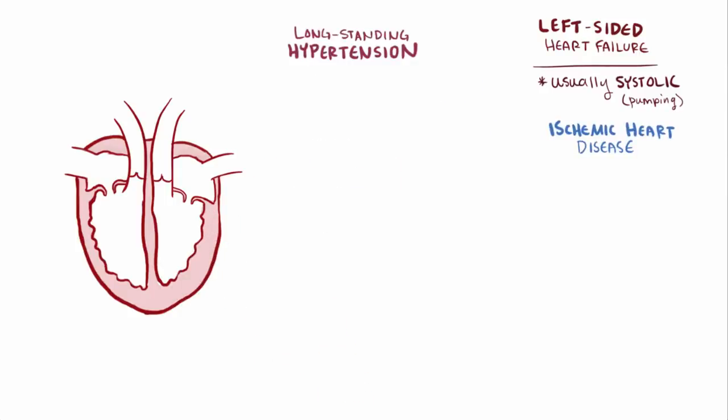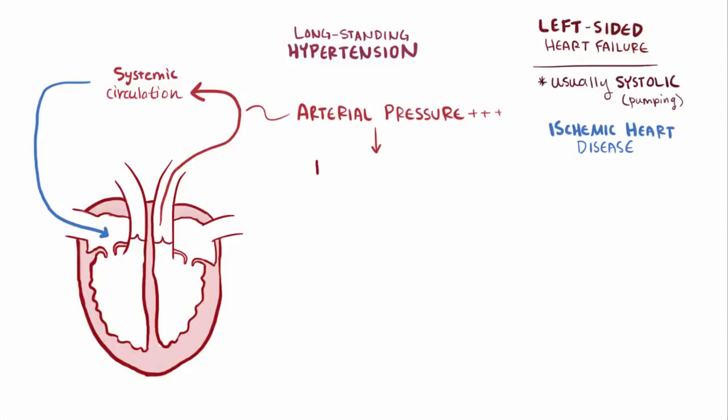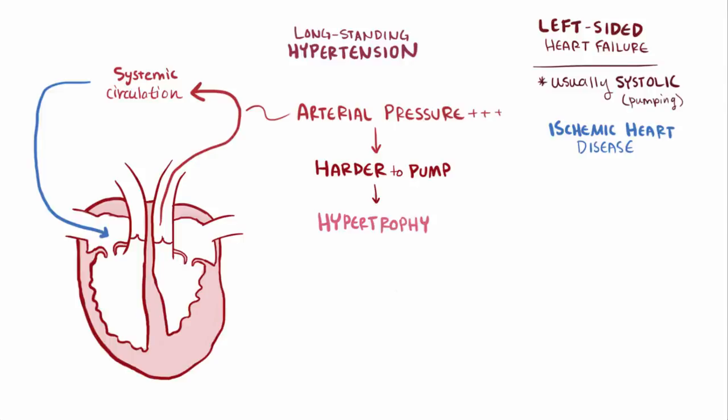Long-standing hypertension is another common cause of heart failure. This is because as arterial pressure increases in the systemic circulation, it gets harder for the left ventricle to pump blood out into that hypertensive systemic circulation. To compensate, the left ventricle actually bulks up, and its muscles hypertrophy or grow so that the ventricle can contract with more force.